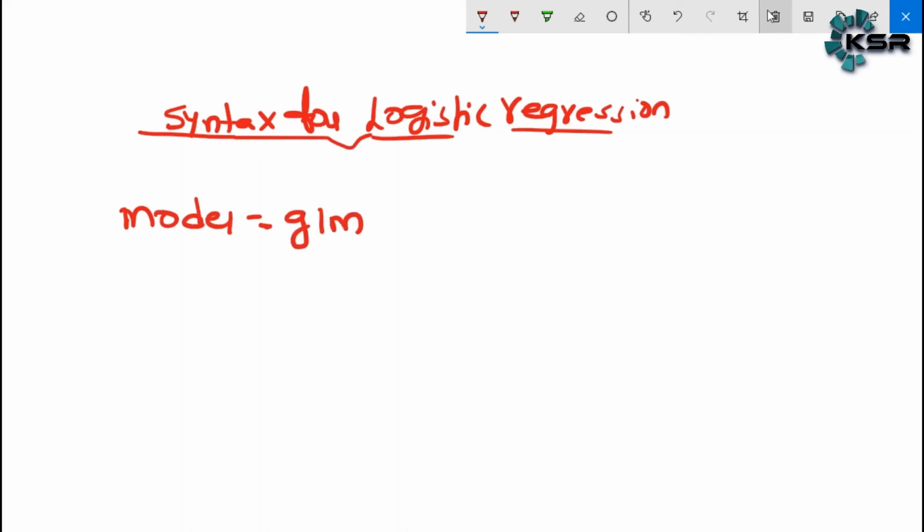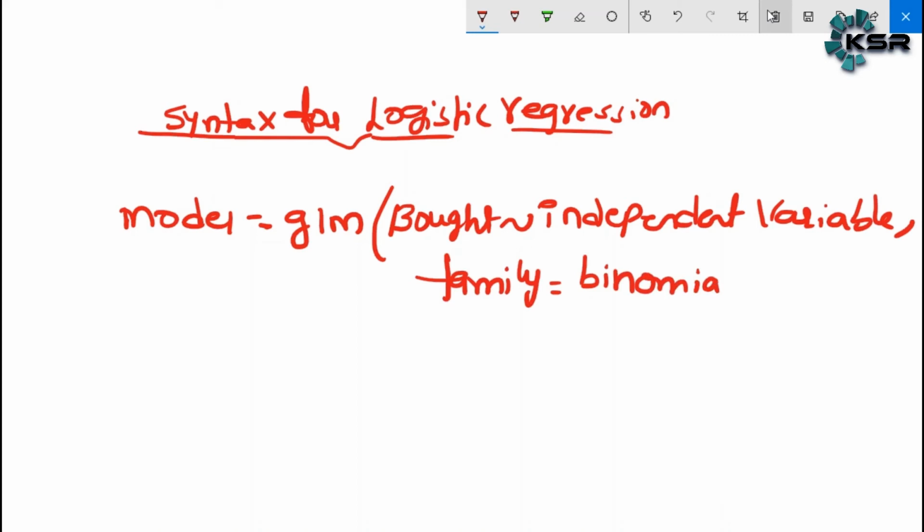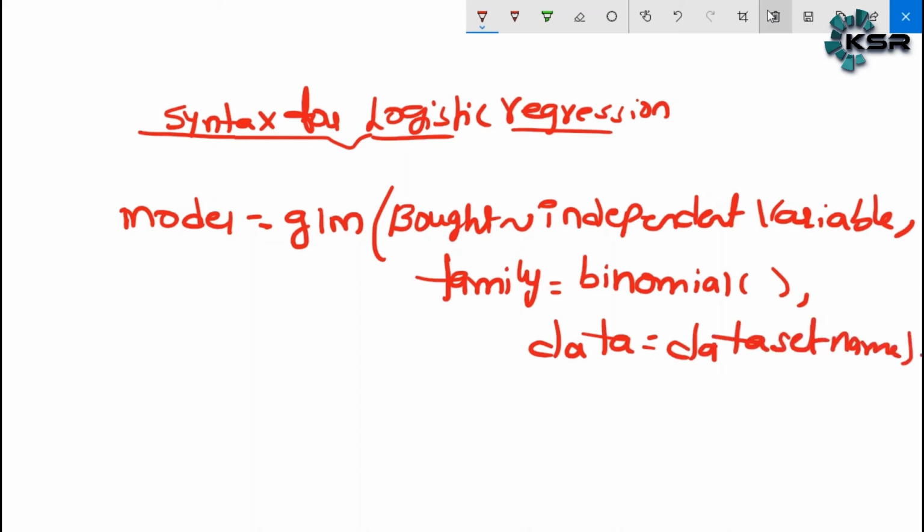GLM means generalized linear model, of dependent variable bot tilde independent variable, comma family is equal to binomial, comma data is equal to data set name.